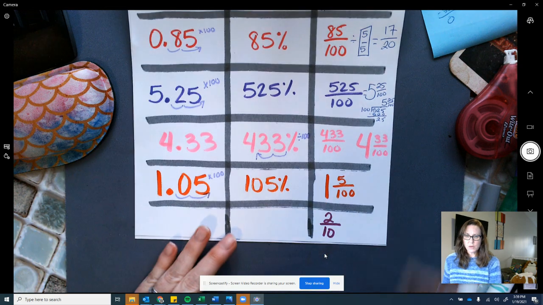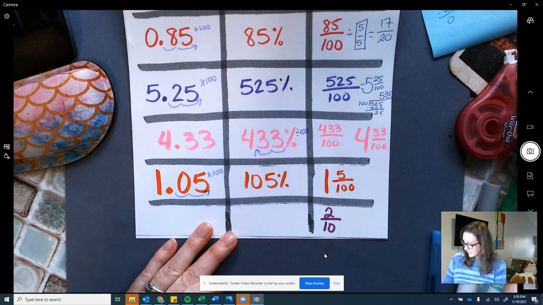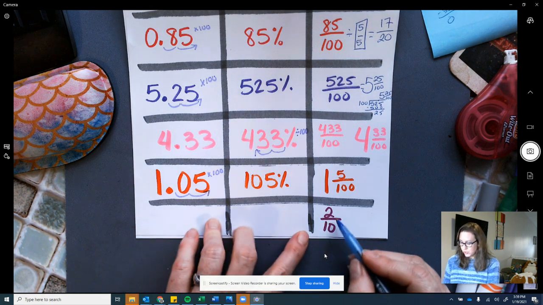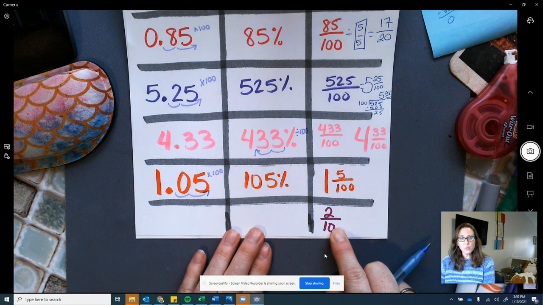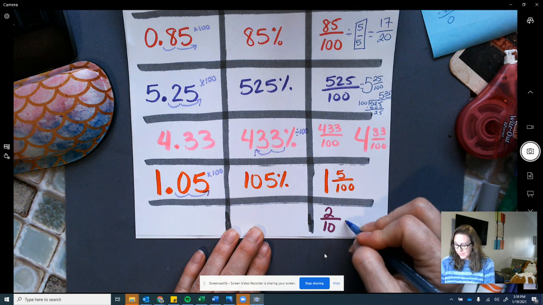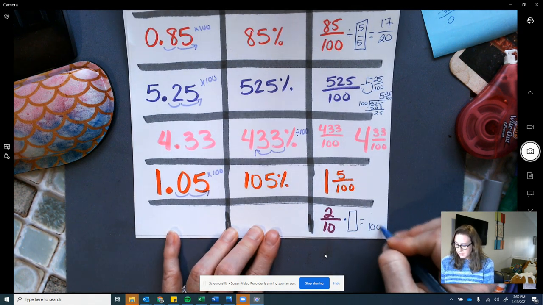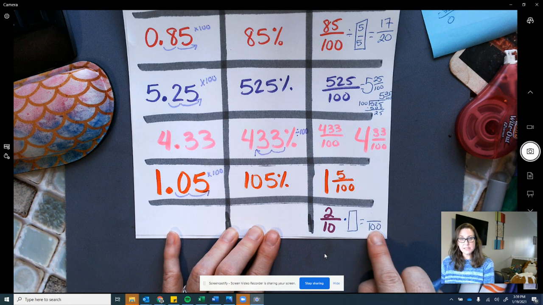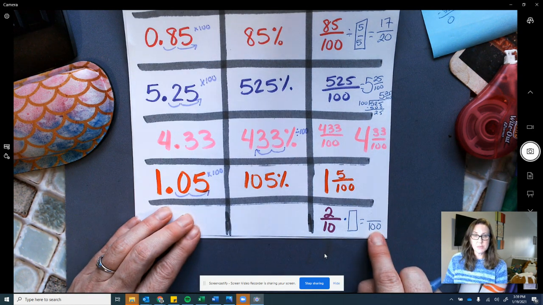Okay, the last one. We have a fraction, but the fraction is not out of 100. It's out of 10. So we've got 2 tenths. To do any of this work, we have to get this fraction to be out of 100. So we have to use the giant 1 to multiply to get an equivalent fraction with 100 as the denominator.